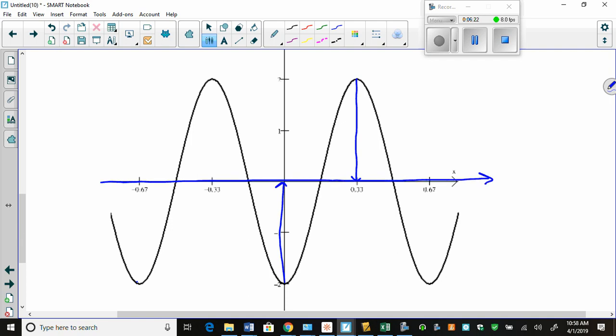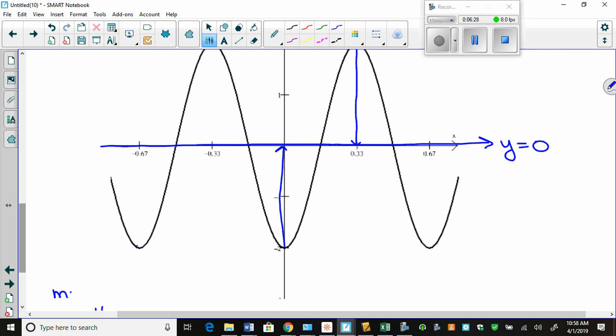So the midline is at y equals 0. Does that make sense? Okay, you give me the amplitude and midline of the next two.